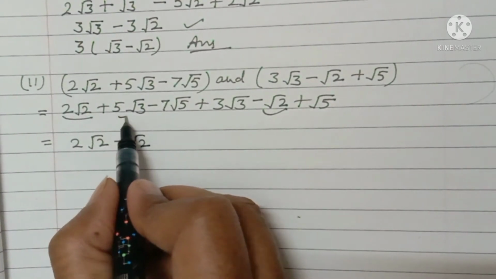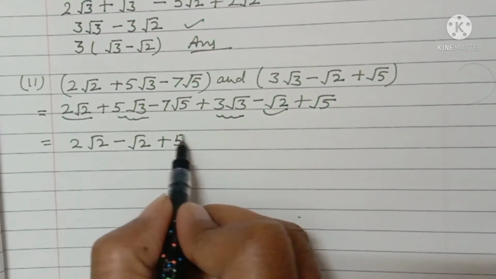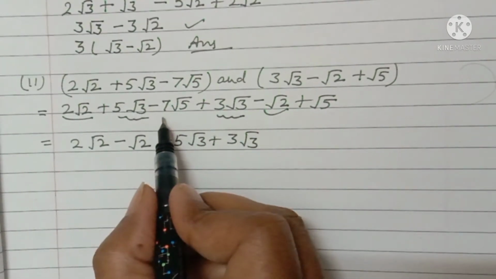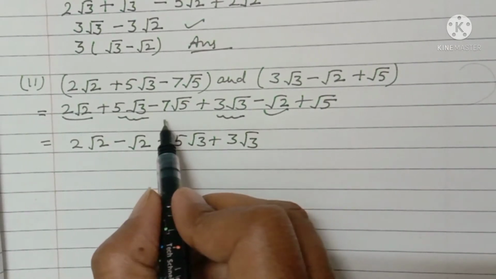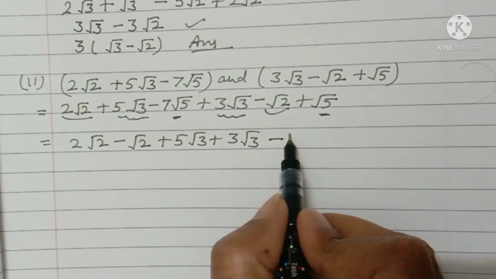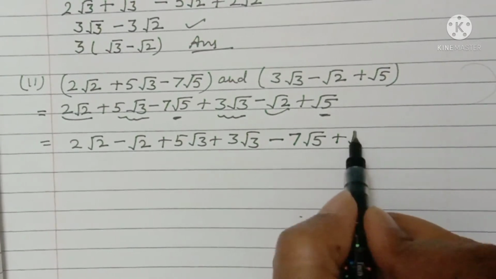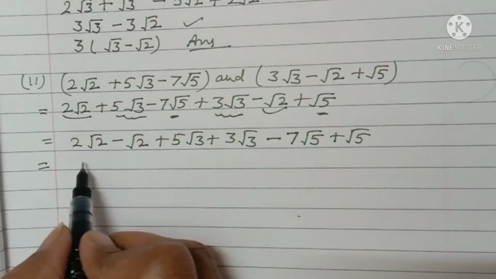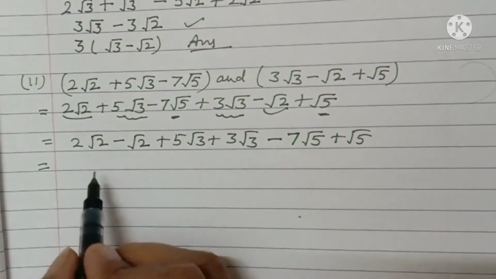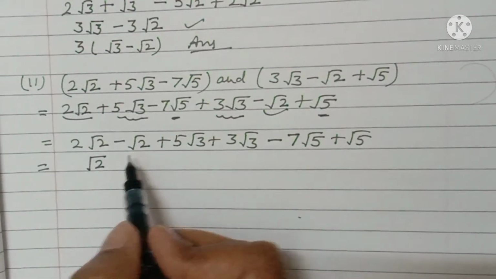Now here the root 3, and this is also root 3, so you can write like this: 5 root 3 plus 3 root 3. Here is root 5: this and this make together 7 root 5, and plus root 5. So you will get 2 root 2 minus 1 root 2, which is only 1 root 2, or root 2.